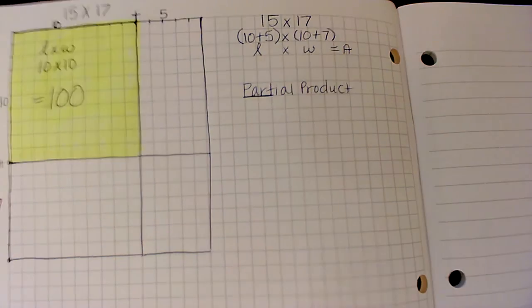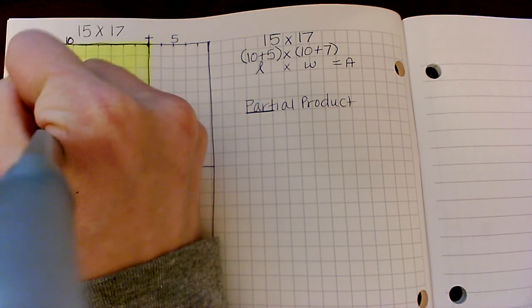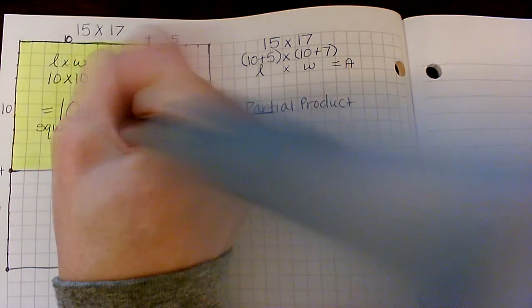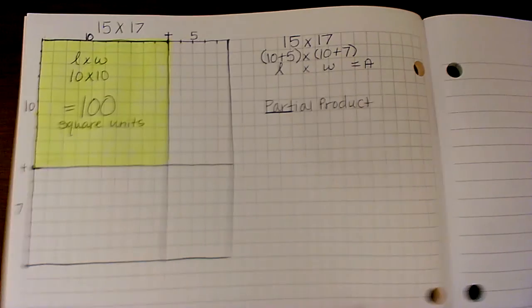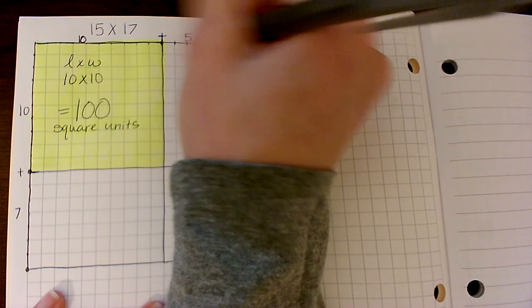That's why when we're talking about area, it's square units, so I have 100 square units here.